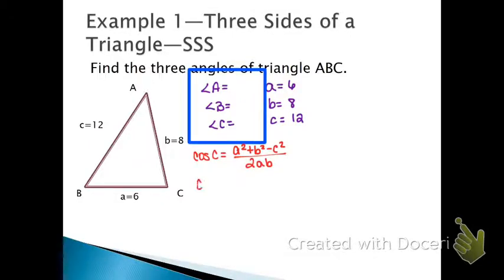So let's plug into our formula. So we got a, which is 6 squared, plus b, which is 8 squared, minus c, which is 12 squared, over 2 times 6 times 8.